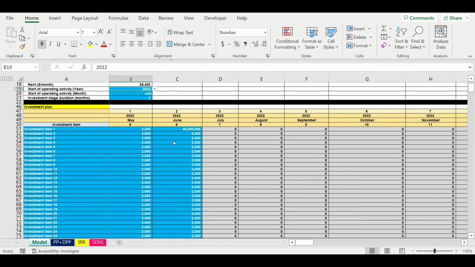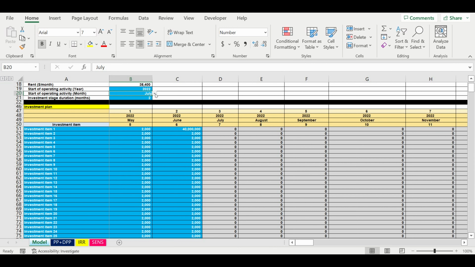Then we start specifying the investment stage expenses. Here we specify what we invest in, then we specify how much we invest during the timeline. So we start operating activity in July. Here is July, and before July we have 2 months of investment stage.